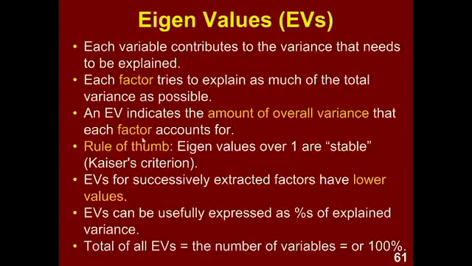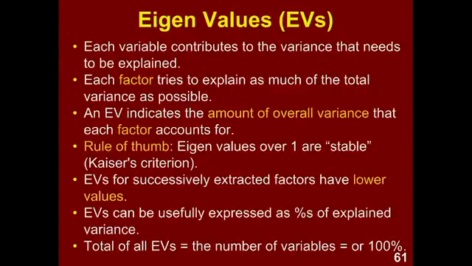One rule of thumb for how many factors to extract is something called Kaiser's criterion, which says to extract all the factors which have eigenvalues over 1. That's a nice simple model. It doesn't always work, because you might have a factor that is worth 97 cents and it's got a whole lot of other things going for it, and you might choose to keep it.